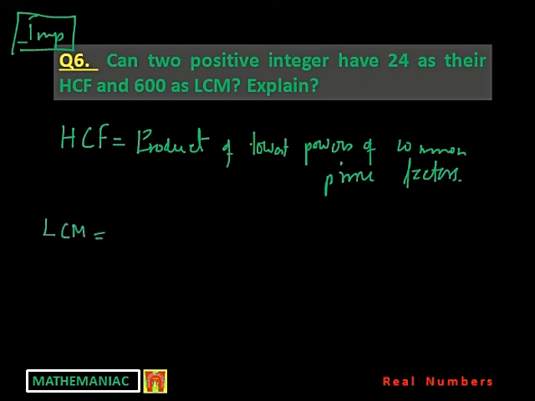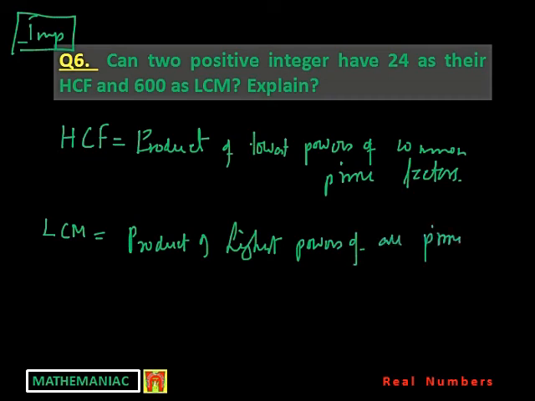And for LCM, it is the product of whom? Product of, you have to take the highest powers of all prime factors, distinct prime factors. If 2 is repeated, you should take only 2, 1, 2.